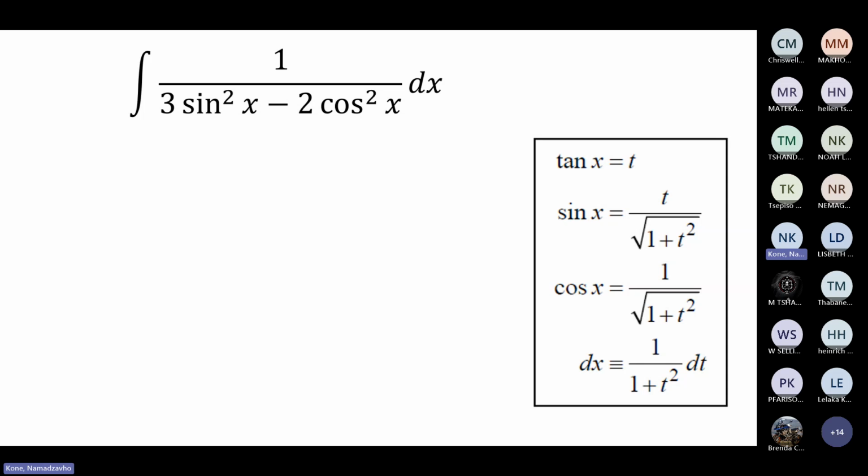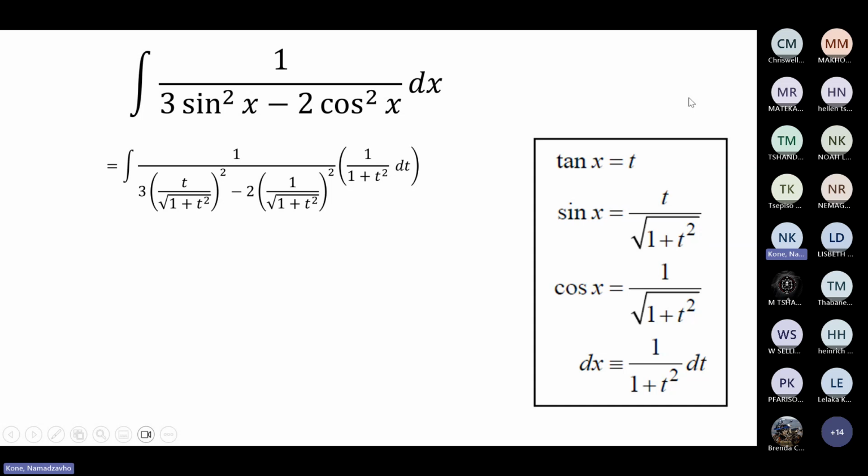First step is to replace the sine with its equivalent, the cos with its equivalent. The number 3 and minus 2 remain intact. The dx is replaced by its equivalent, 1/(1 plus t squared) dt. That's the first step, which is just a matter of replacement. Now let's look at what happens after we remove brackets.